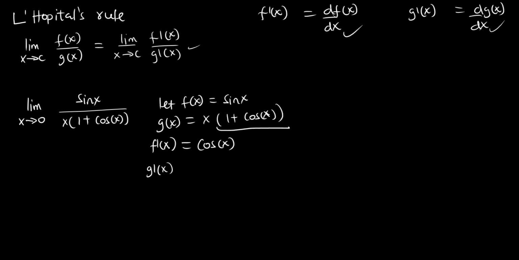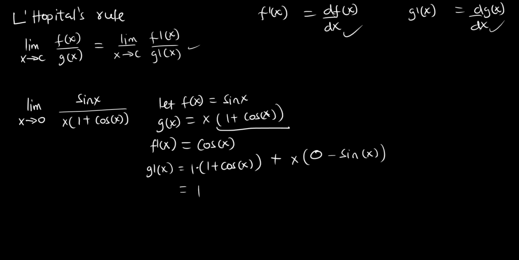The derivative of x is 1, so I'm going to have 1 multiplying 1 plus cosine of x. And then plus, I'll now keep x as a constant, then find the derivative of what you have inside. The derivative of 1 is 0, and the derivative of cosine of x is minus sine of x. Now let's simplify this.